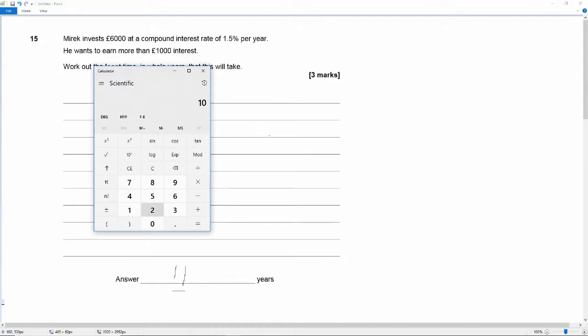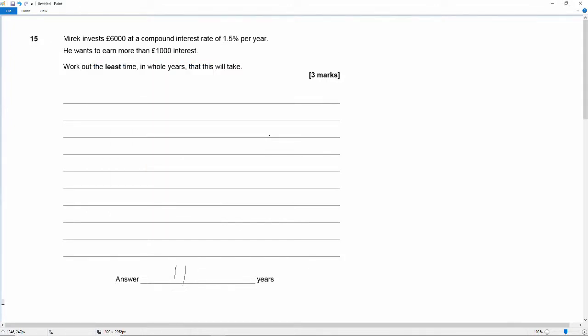If I say 10 to the power 7, and I find the log of that, I get 7. So what the log does, if you take 10 to the power of x, and you find the log of 10 to the power x, it will give you x.